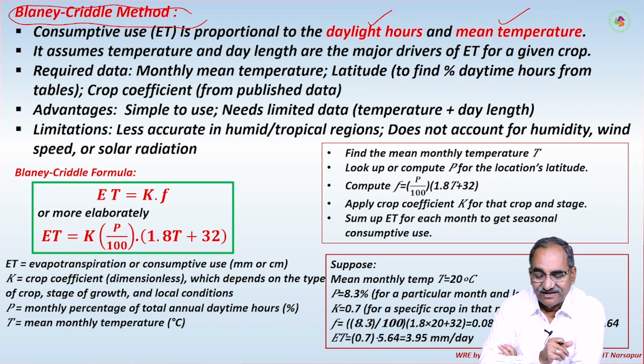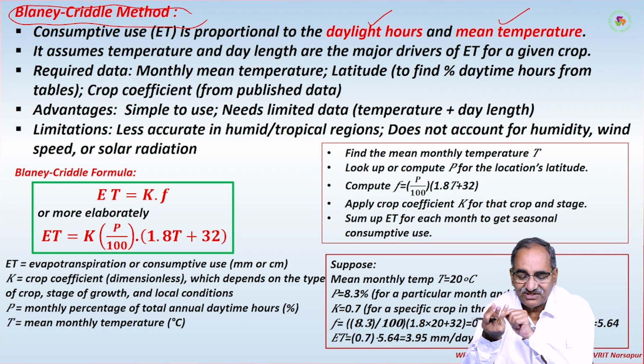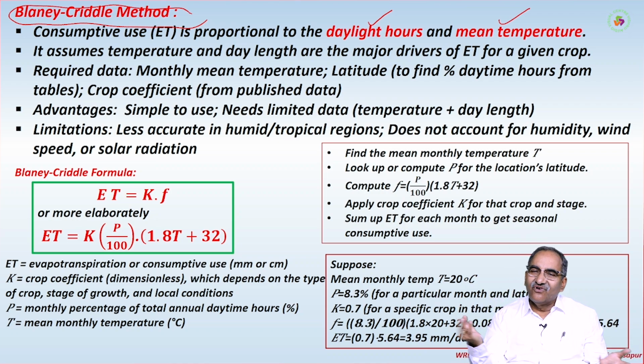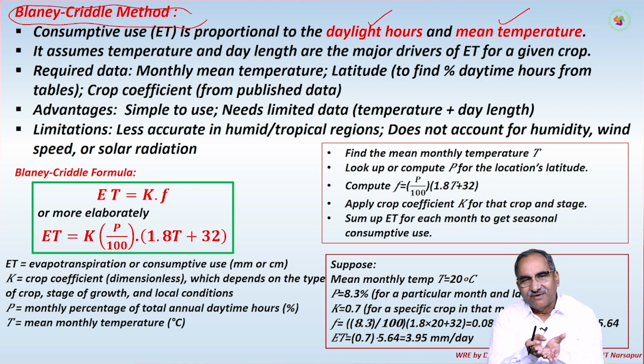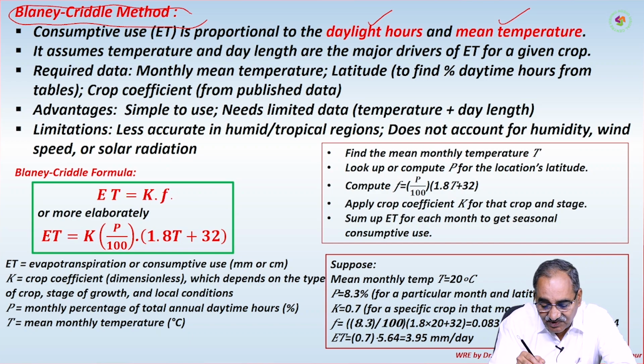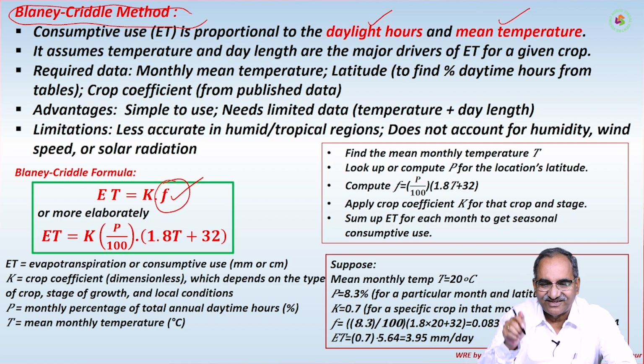The data is already known. What do you need? Daylight hours and mean monthly temperature. If you know these two, then evapotranspiration becomes very simple. See the equation: the evapotranspiration is equal to K into F. Please note it. In this F, all the factors are there.